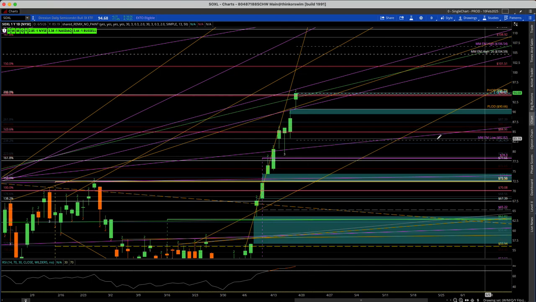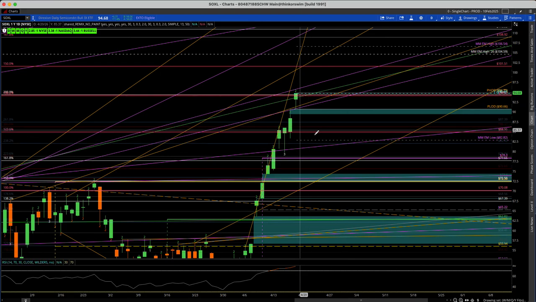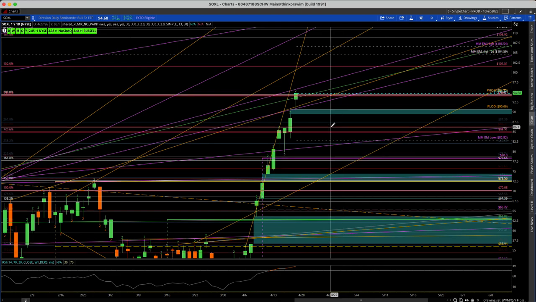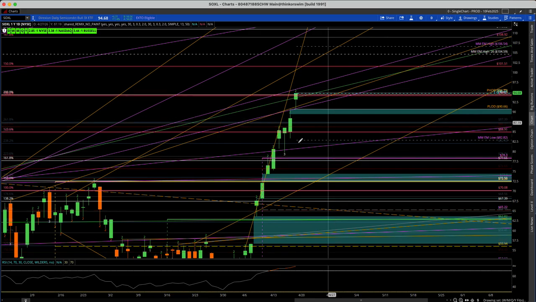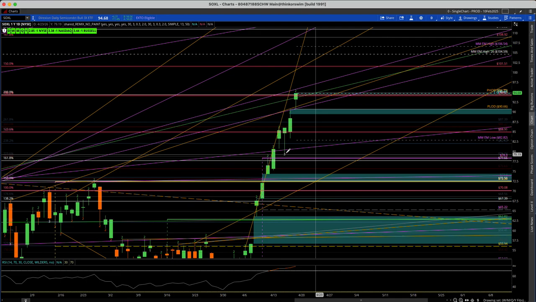If we do get there, keep in mind that we are getting close to the market maker's expected move low. So, do we bounce here or do we go sideways here? That could be the possibility. Again, like I said, market maker's expected move is right about 70% of the time. So we could just end up going through the market maker's expected move low, trying to get back to filling this gap here possibly.